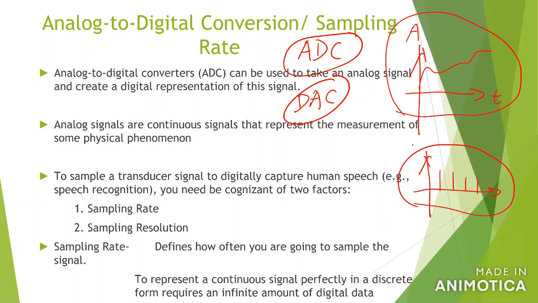So how can you play a digital signal on an analog speaker? You have to use DAC. DAC is used to convert digital signals into analog and then play the analog signals. So these are two kinds of very important devices for electrical circuits.